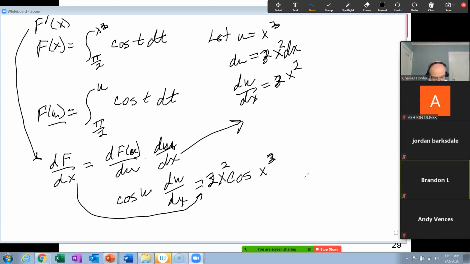Now, because that integral here was so easy to integrate to begin with, you could have just done it brute force and figured out what f of x was. The antiderivative of cosine t is sine t.